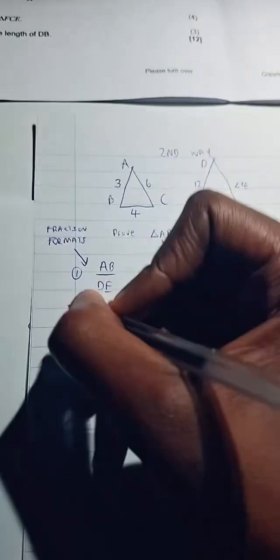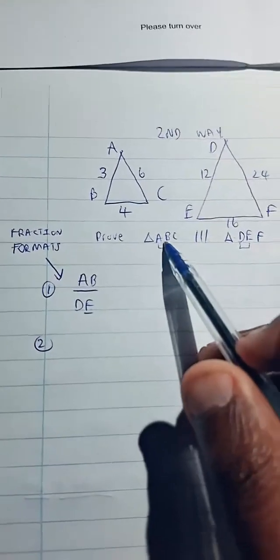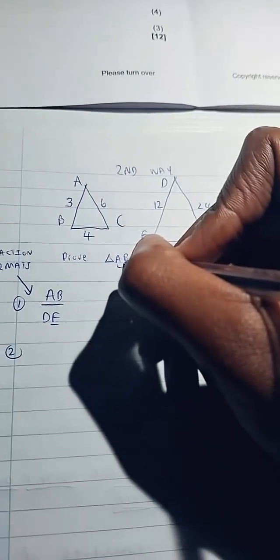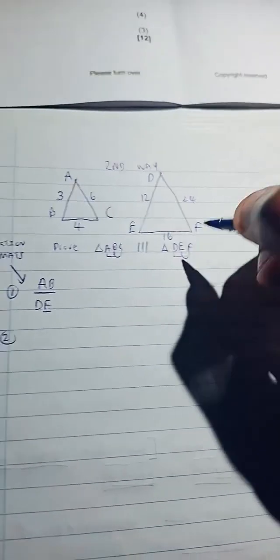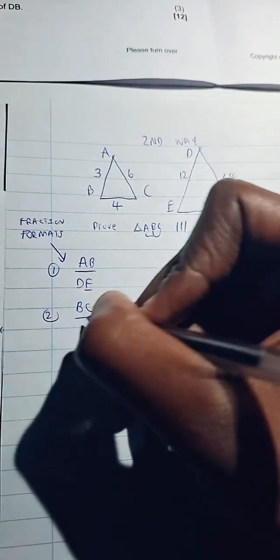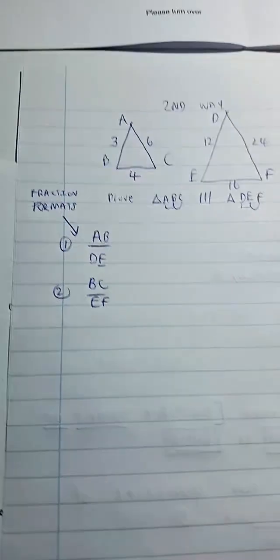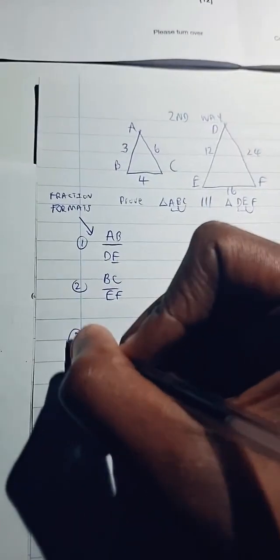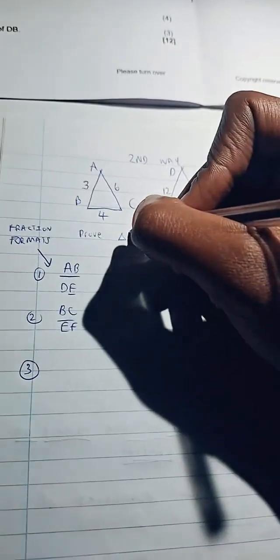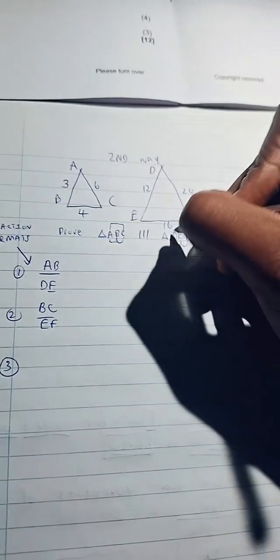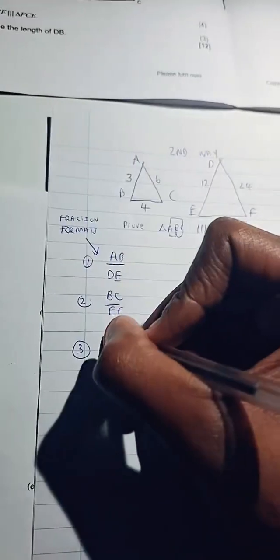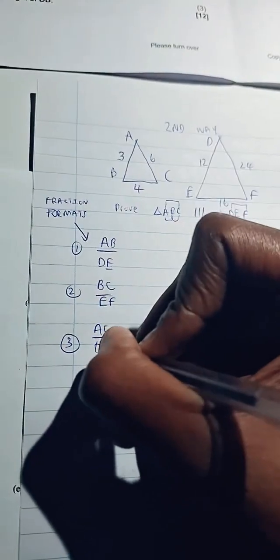AB over DE will be your first ratio. Second ratio, BC over EF. Third ratio, AC over DF.